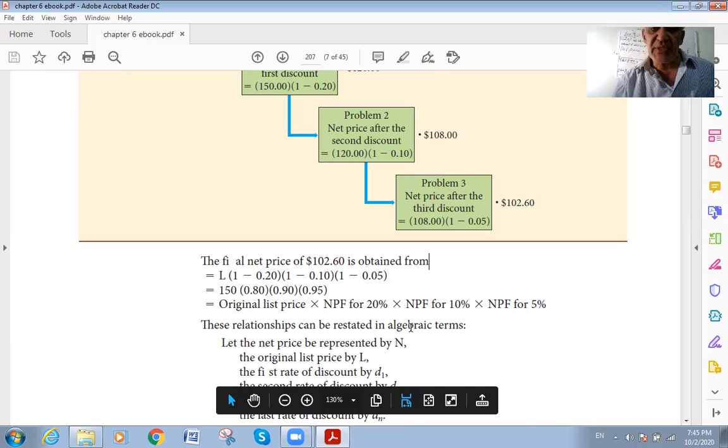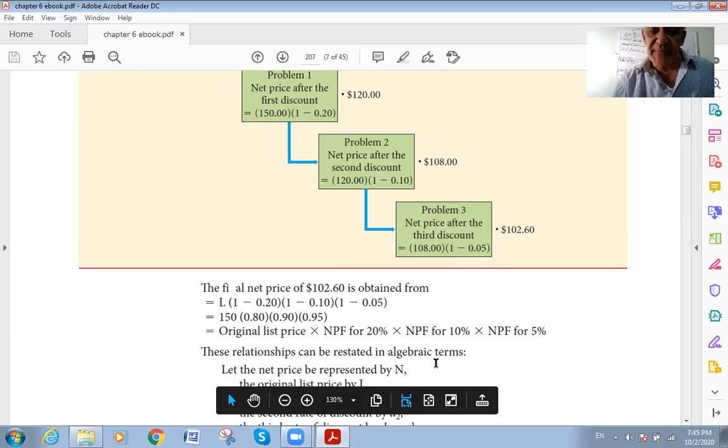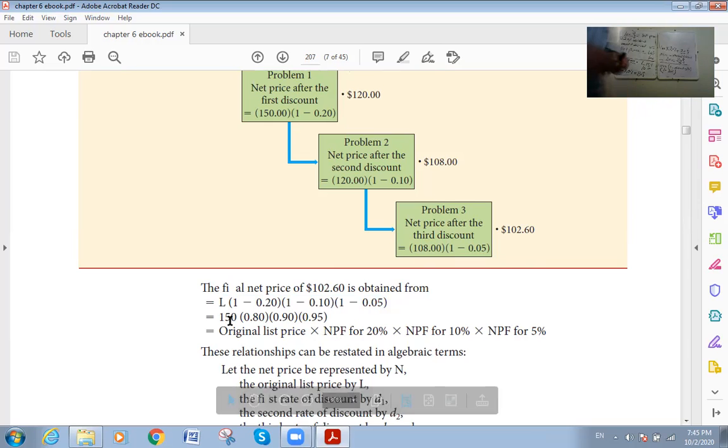So let me do it on the board and show it to you. It might be very clear when we do it. We have the list price 150. Let's take the data first. Then after that, I will go for solving the same problem, which we did before, in only one line. This is the same example which we did before, but we did it in long steps.